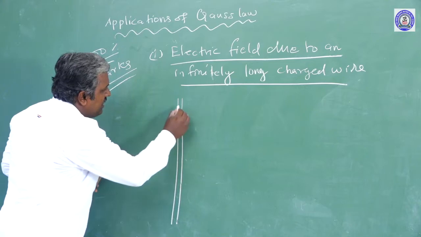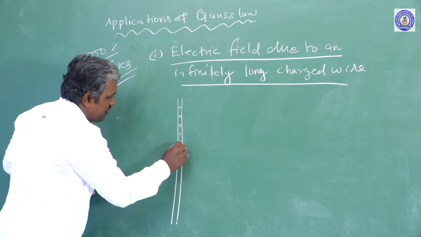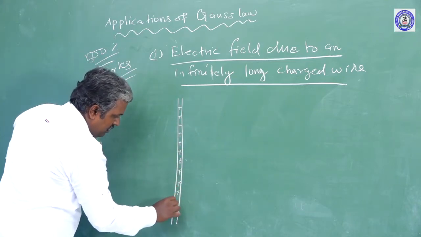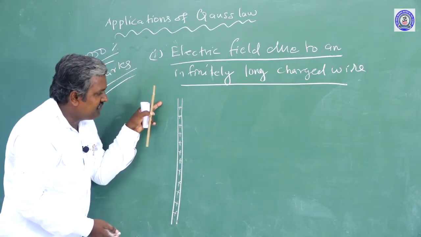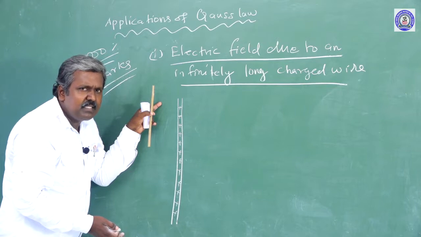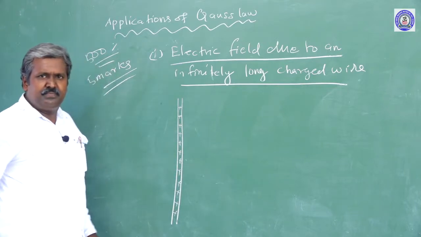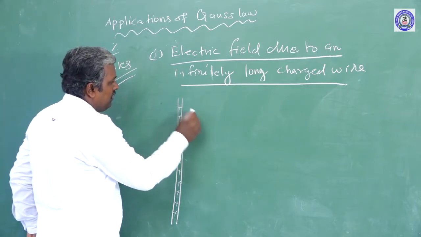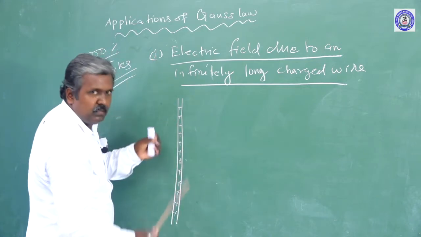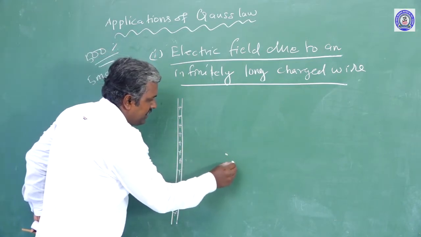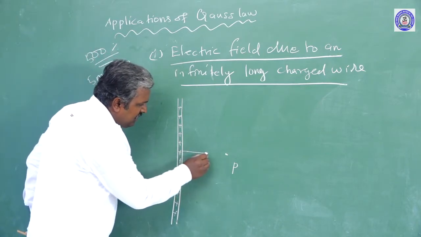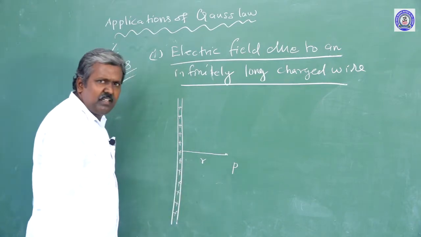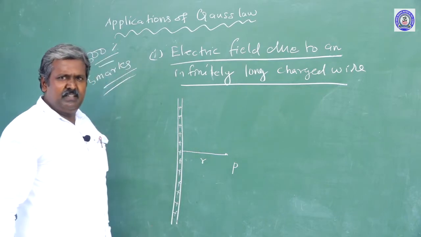a long infinitely charged wire, that means positive charge. This is a long infinite uniform positively charged wire, like this. And consider one point P at a distance small r from this charged wire.